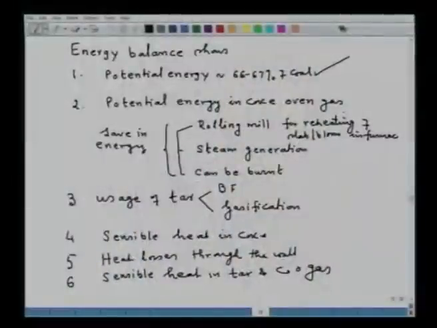Now here, as regards the potential energy of the coke, we are using it, no problem. Then as regards the potential energy in coke oven gas, we can plan its use in the plant itself, because the coke ovens are part of the integrated steel plant.